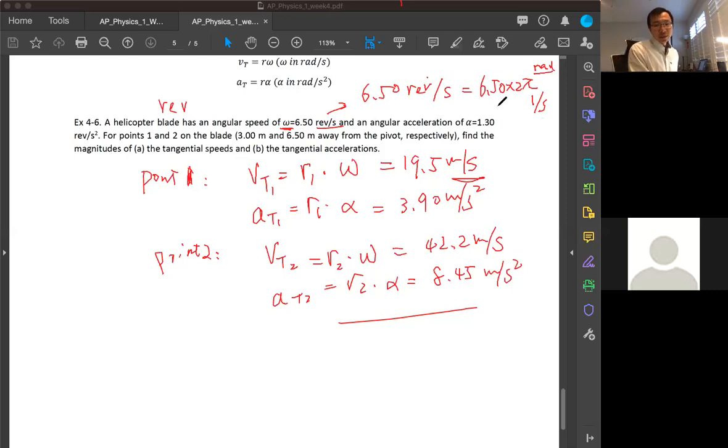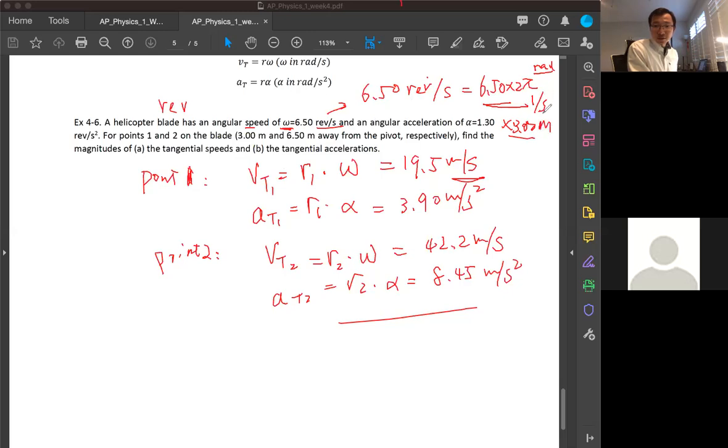This is the way you need to write your angular speed, with the unit 1 over s, and multiply by the radius. In the first case it is 3.00 meters.